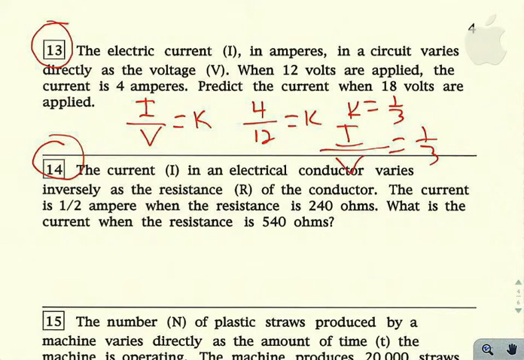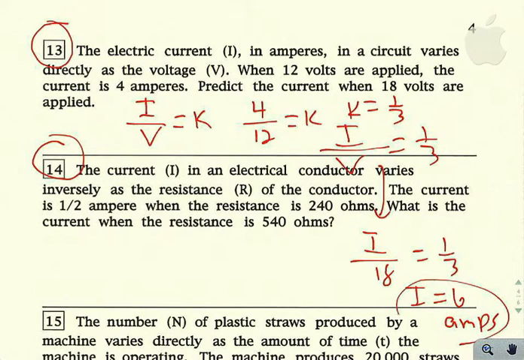And we can predict the current when 18 volts are applied. So plug in 18 for V. And that would be I over 18 equals 1/3. Which means I would be 6 amps. That's number 13.